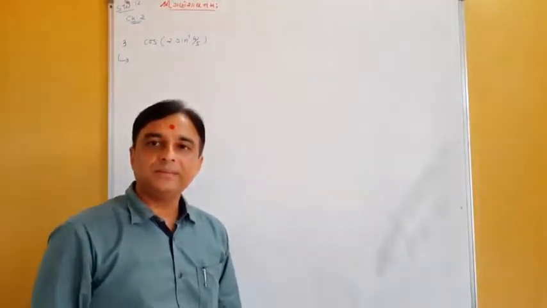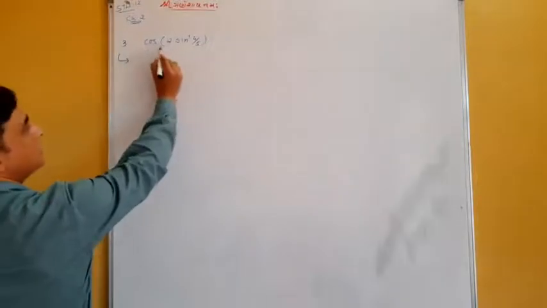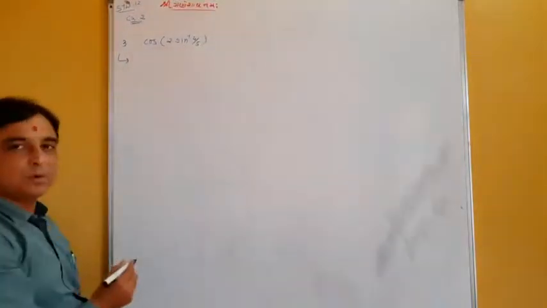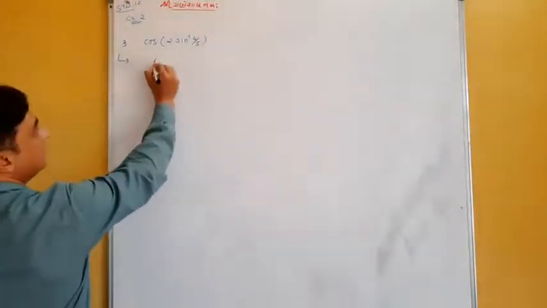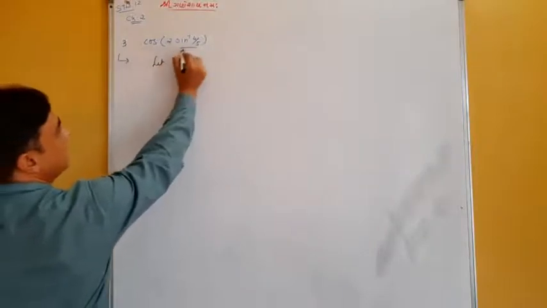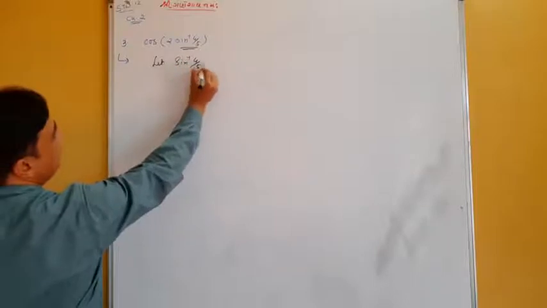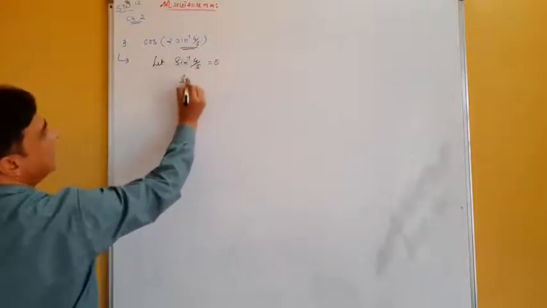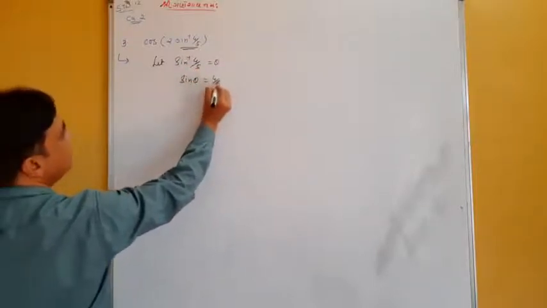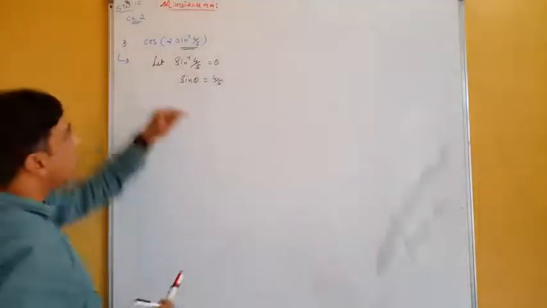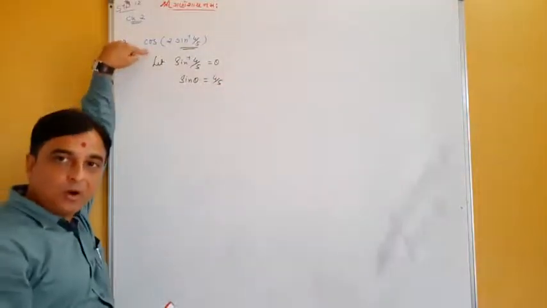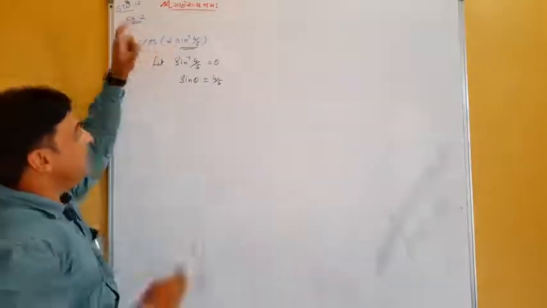See, third one. Cos 2 sin inverse 4 by 5. So let us assume this as theta. That means sin inverse 4 by 5 equal to theta. It is sin theta equal to 4 by 5. But our question is in terms of cos. Cos 2 theta.